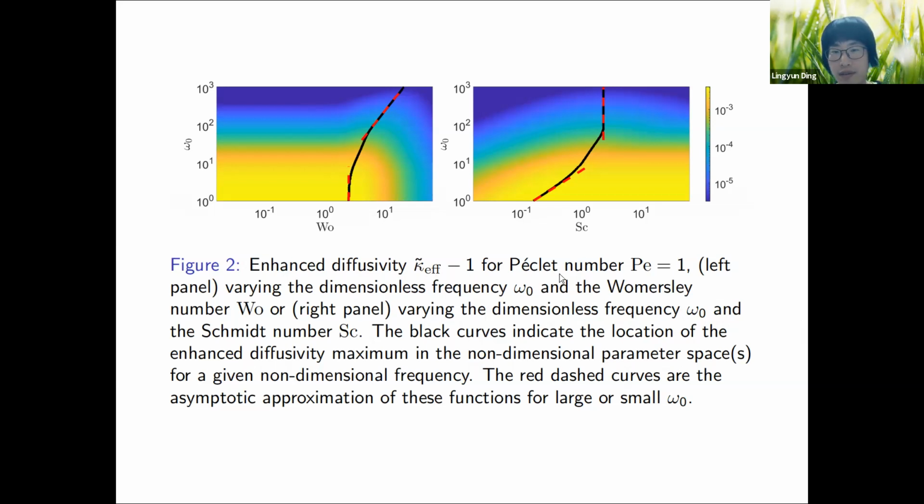We fix the Péclet number to be 1, and here we vary the Ohm's number and the dimensionless frequency. We are interested in, if we fix the frequency, what kind of parameter could maximize the effective diffusivity. Here the black curve indicates the location of the enhanced diffusivity maximum in the phase space, and the red curve is the asymptotic analysis result.